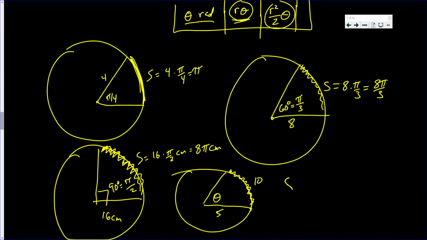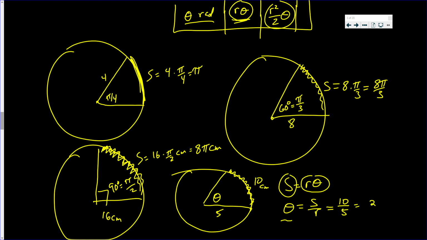Well, you know that S is equal to r theta, so theta is S over r. I divide that by r and I get theta, and I divide that side by r and I get S over r. So it's 10, that's the arc length, divided by the radius, and I get 2.